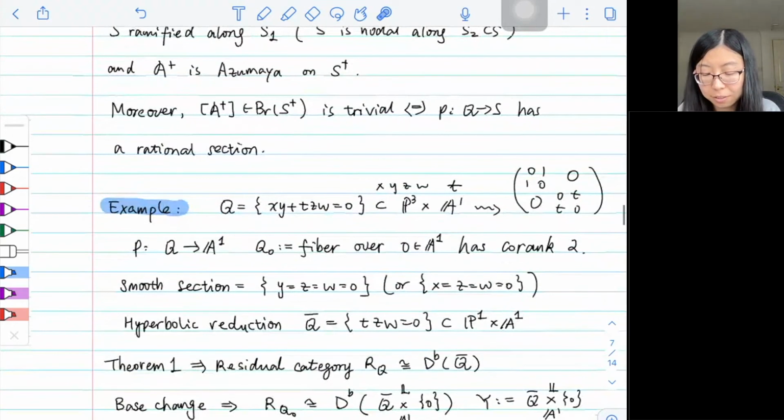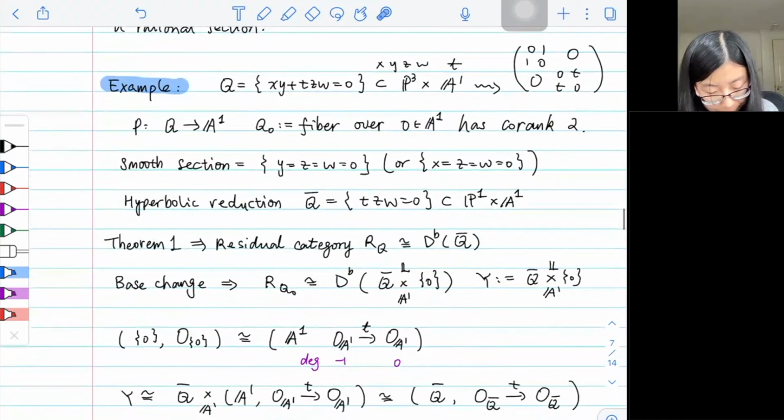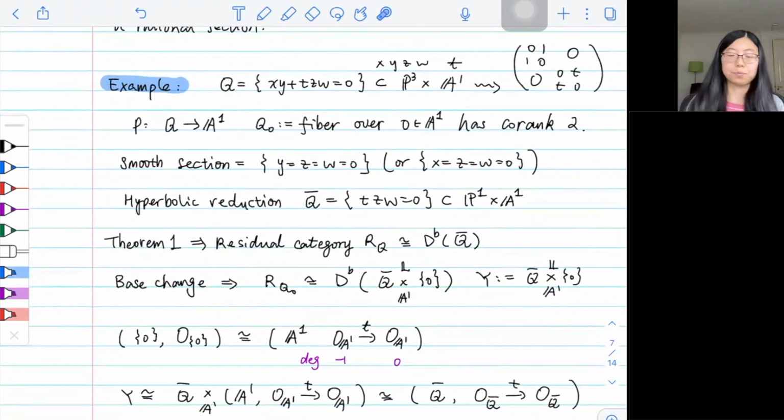I think this is an interesting example. So the way I do this is I will find a very simple family of quadric surface bundles that has a corank 2 fiber and do base change.